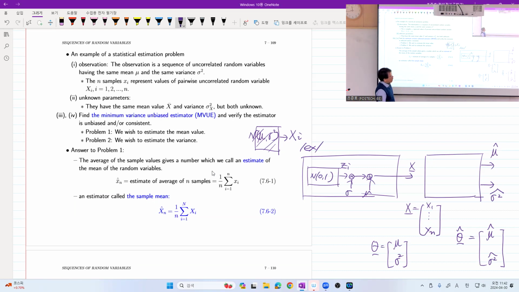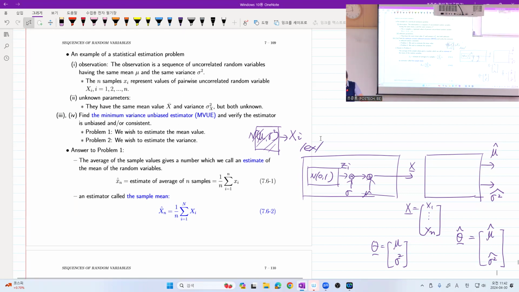Now, the simplest estimator would be what? As you know, you can rely on the law of large numbers. So what about just taking the arithmetic average of these samples, x1 through xn?